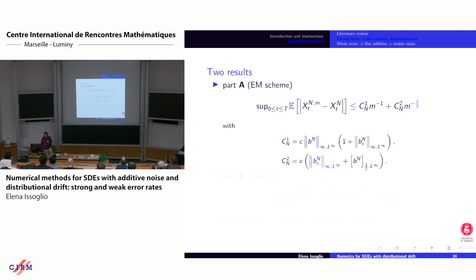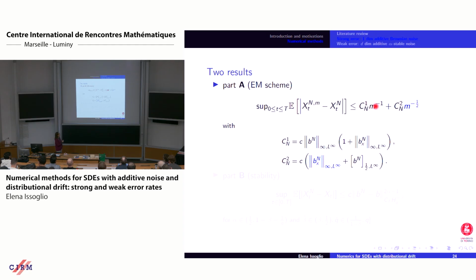And the way this rate is constructed, and I will highlight here where I think we lose the optimality, is like this. The Euler scheme estimates are quite standard in the sense that you get two terms that depend on the Euler parameter. M is the parameter of the Euler scheme.